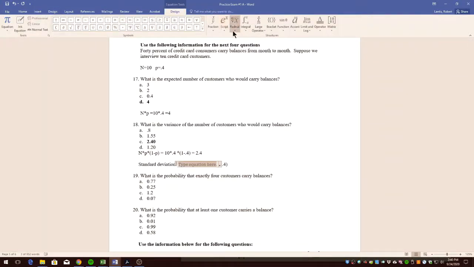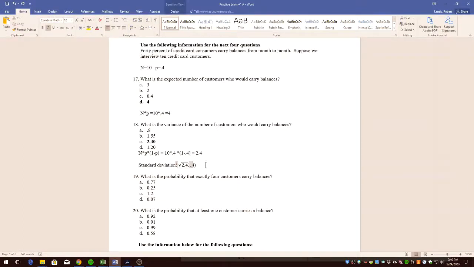It's right here. Take the square root of 2.4 instead. Just another way of typing that out. Maybe it's easier for you guys to see. If we work that out, it should be 1.55-ish if we round to the second decimal. So that's just another question I could have asked there.